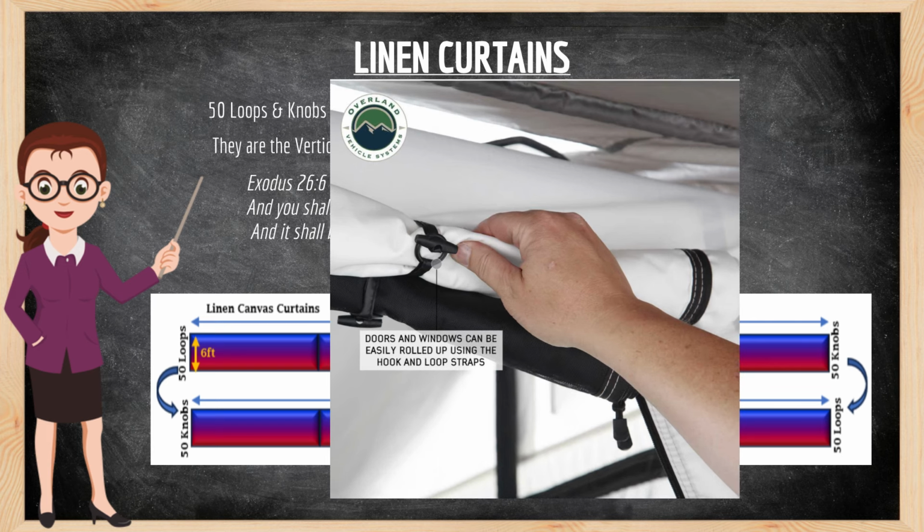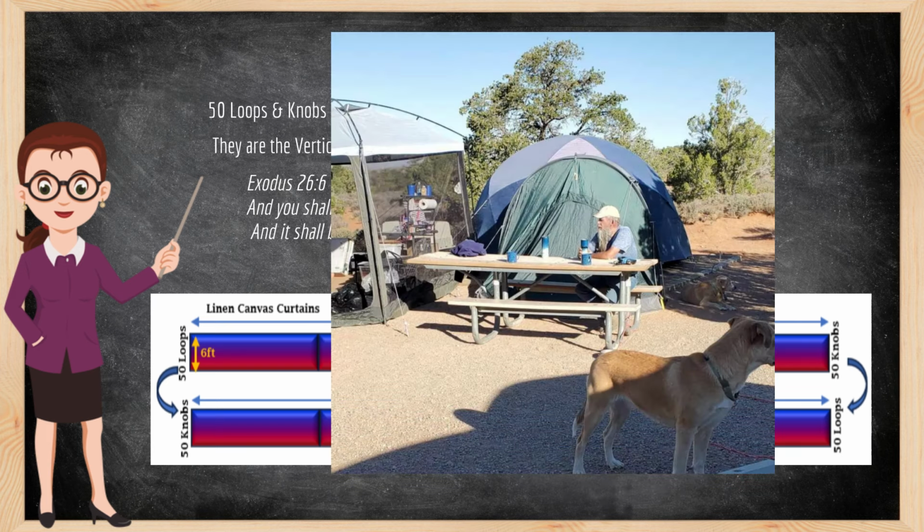Loops and knobs are still used today in tent-making applications. We have a dome tent that we use for Sukkot, and all of its doors and window flaps use loops and knobs to keep them open. Loops and knobs are also how we connect our solid walls to each other in our screened kitchen tent.